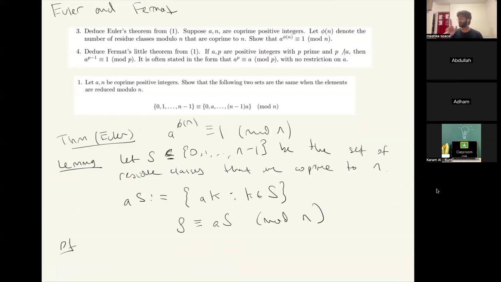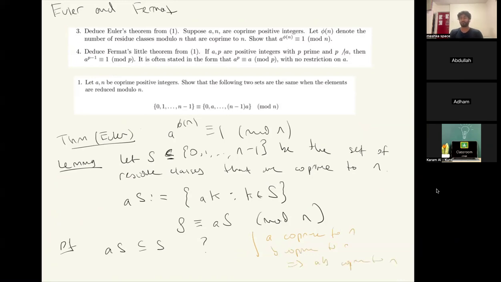Yes. Your question is how do I even know that AS is contained in S? How do I know that when I multiply by A, it stays coprime? That's the first question. Why is it true that it stays coprime? Both numbers are coprime to n. Exactly right. The point is if a is coprime to n, and b is coprime to n, then a times b is coprime to n.